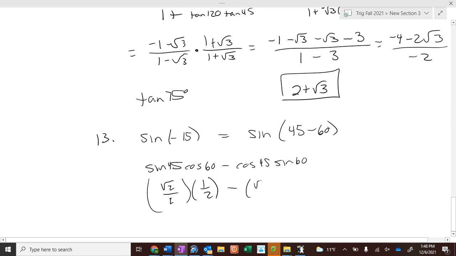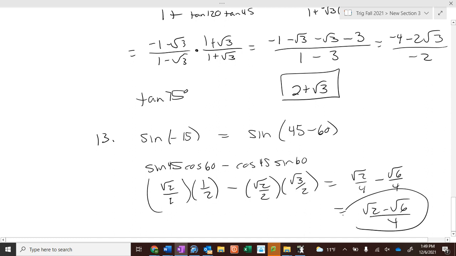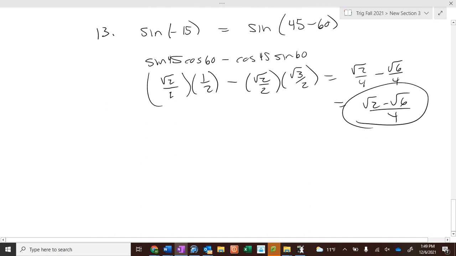Cosine of 45 is square root of 2 over 2. Sine of 60 is square root of 3 over 2. So it is square root of 2 over 4 minus square root of 6 over 4, which is square root of 2 minus square root of 6 all over 4. And again, if you want to check on your calculator if that's right or not, you sure can.